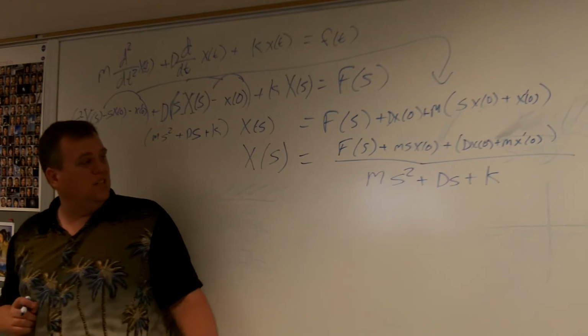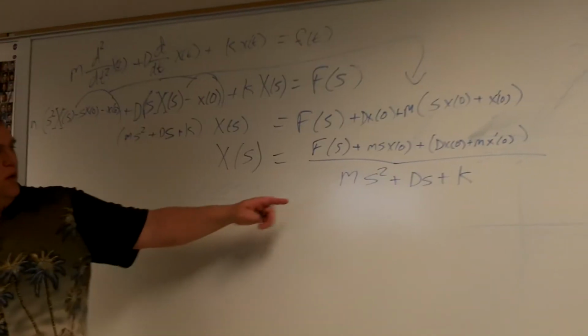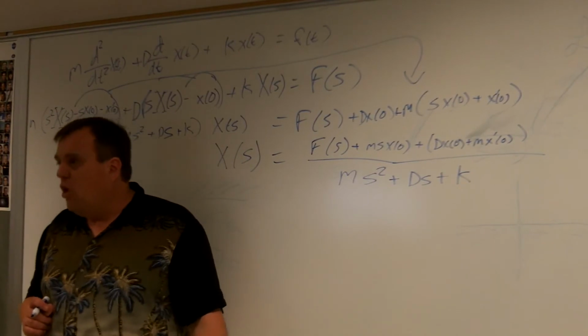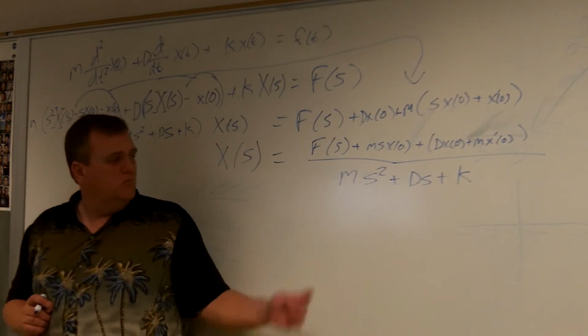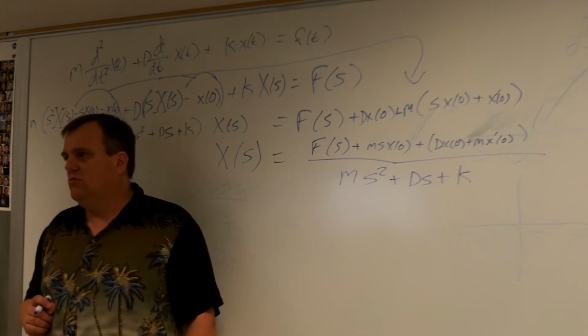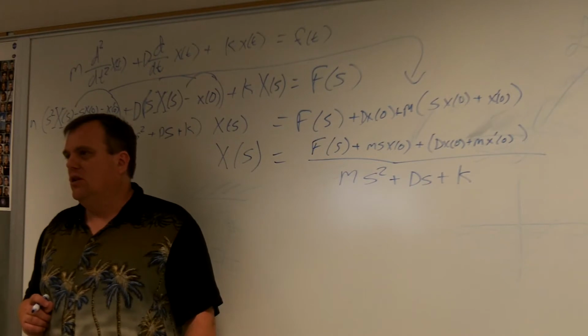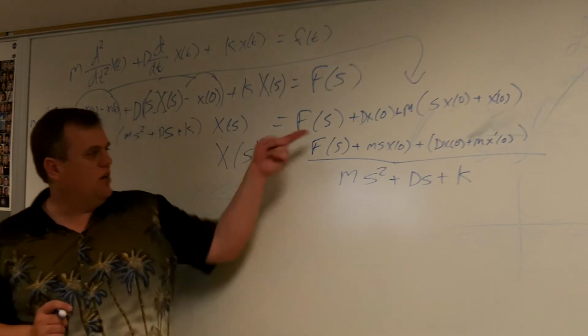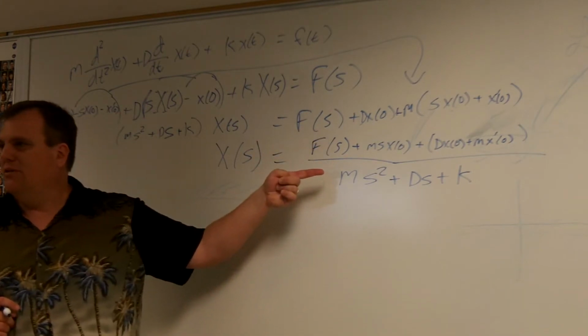The reason is, if you remember, on the other one, I had a leading term of 1. Can I get a leading term of 1 here in general? Absolutely. It's normalized. Divide top and bottom by m.